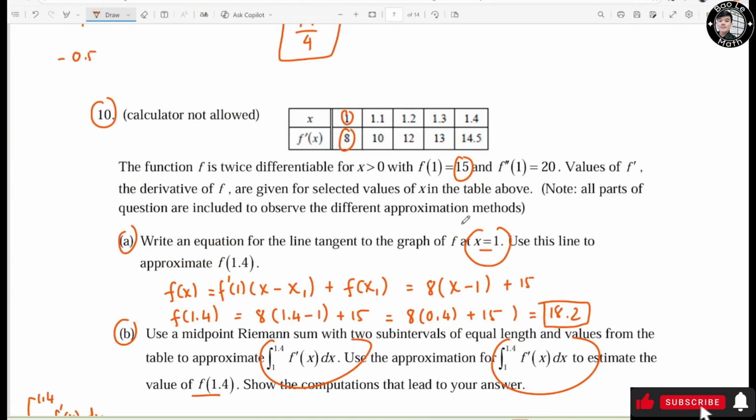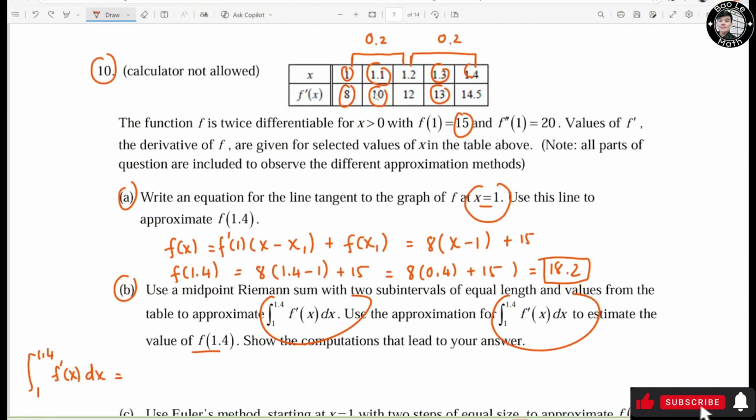So we look at this one right here, 1 and 1.4. We have the interval right here, 0.2, right? And this guy, 0.2, right? The midpoint is right here, right? This is the x value, and the heights are 10 and 13 right here, right?